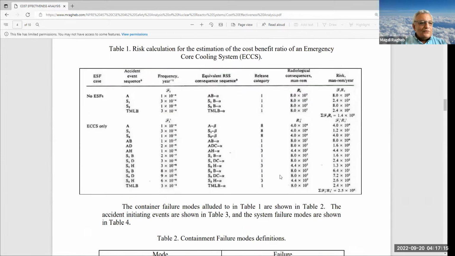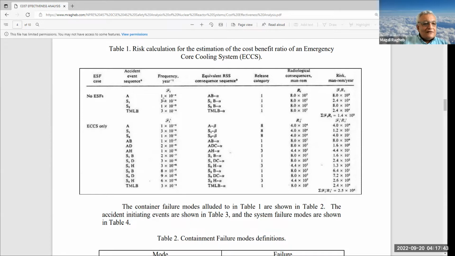To calculate the denominator and the numerator, you'll find that if we don't have an emergency safety feature, ESF is an acronym for emergency safety feature, you can have 1, 2, 3, 4 different accidents. When you add the emergency core cooling system, you still have 1, 2, 3, 4 here, the same 4 accidents, but now we have added another whole set of different accidents.